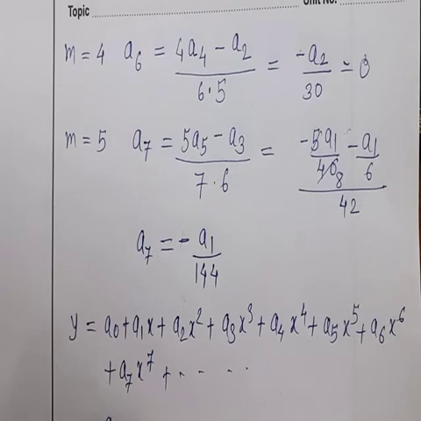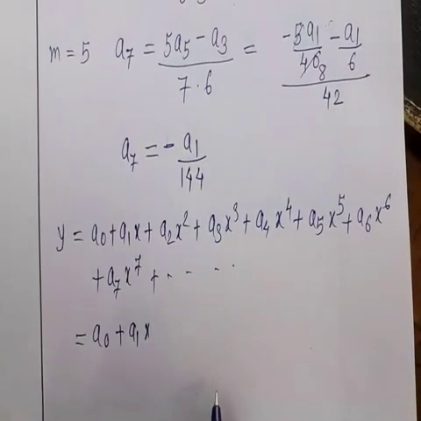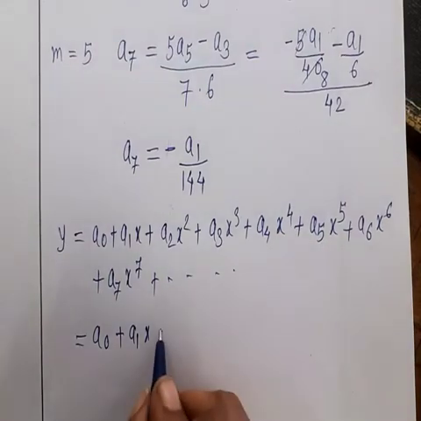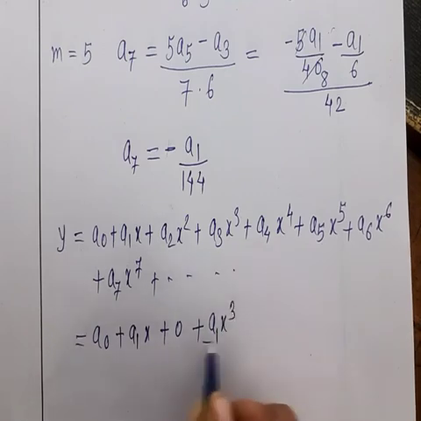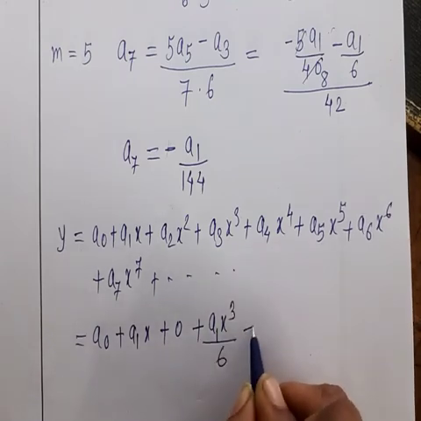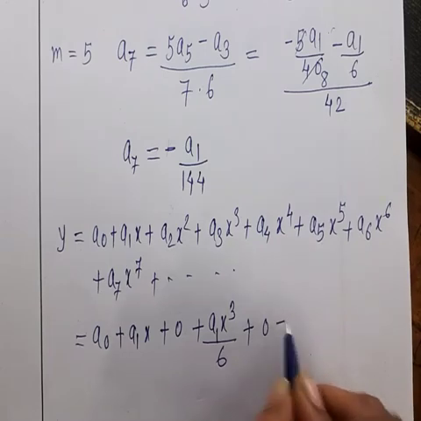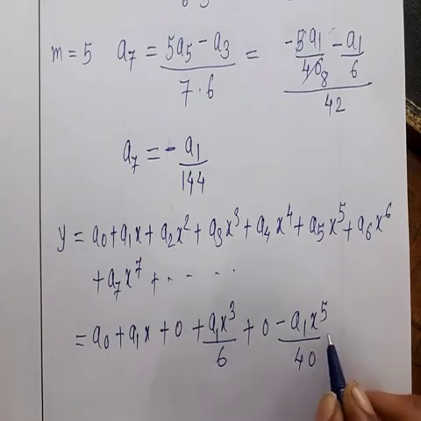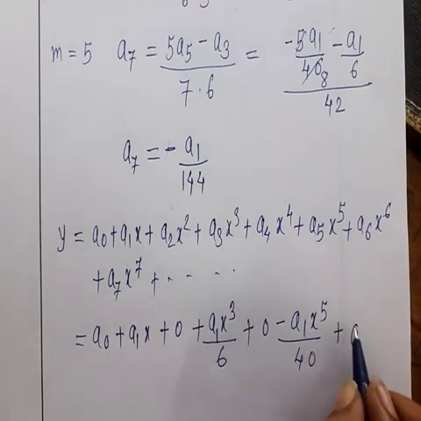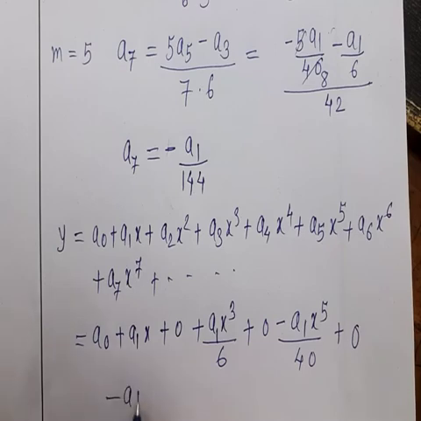So a0 as it is, a1x as it is, then a2 is 0, a3 gives plus a1x cube divided by 6, then a4 is 0, a5 gives minus a1x to the power 5 divided by 40, a6 is 0, a7 gives minus a1 divided by 144 multiplied by x to the power 7 and so on.